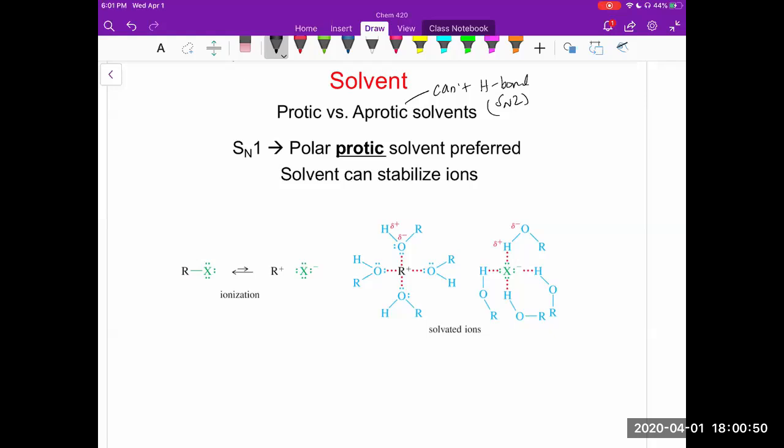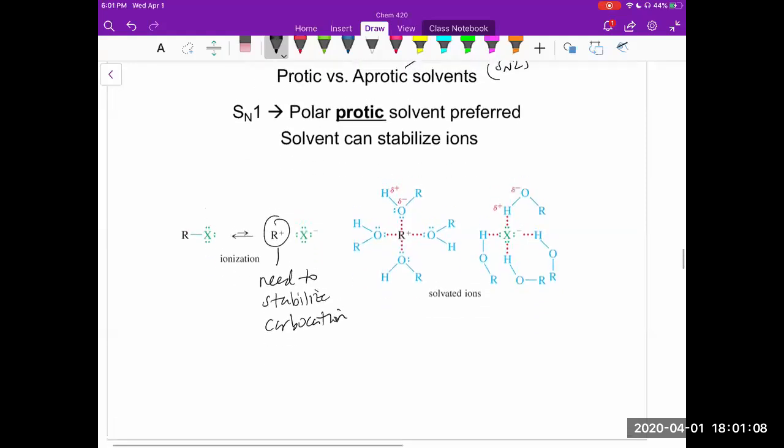For SN1 though, things are different. We need to stabilize the carbocation. If it's not stable, it's not going to form. So it's best if your solvent can even help stabilize it.